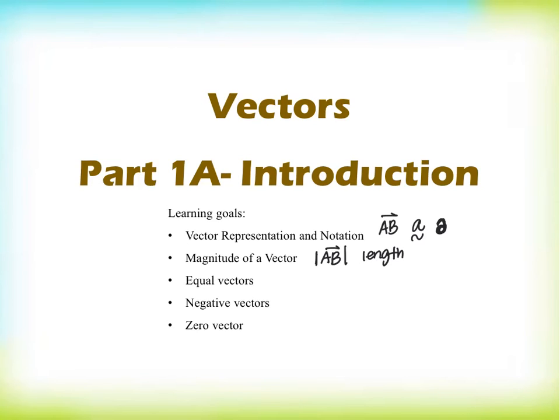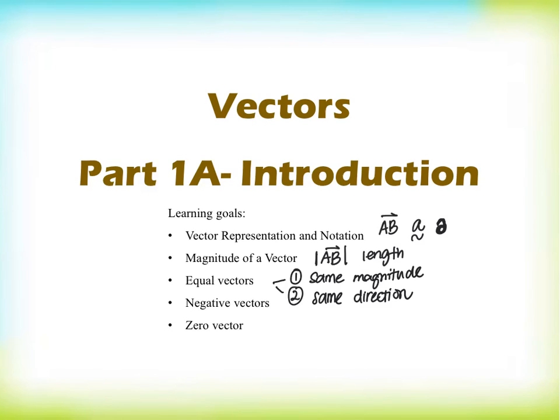What are the conditions for us to have equal vectors? 2 conditions. Number 1, they must have the same magnitude. And number 2, they must go in the same direction so that they will be equal vectors.